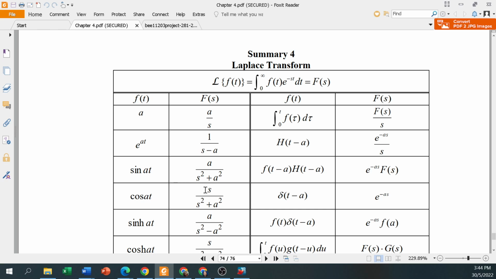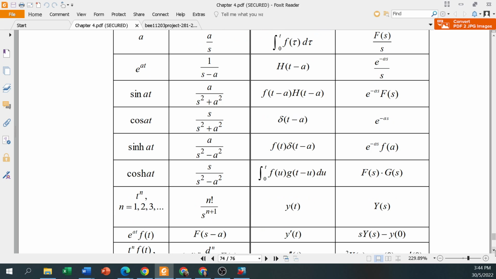Cos at is s over s squared plus a squared. Hyperbolic sin at is a over s squared minus a squared. Hyperbolic cos at is s over s squared minus a squared. Laplace transform for t power n is n factorial over s to the power of n plus 1. Laplace transform for exponent at f of t, the result is F of s minus a.